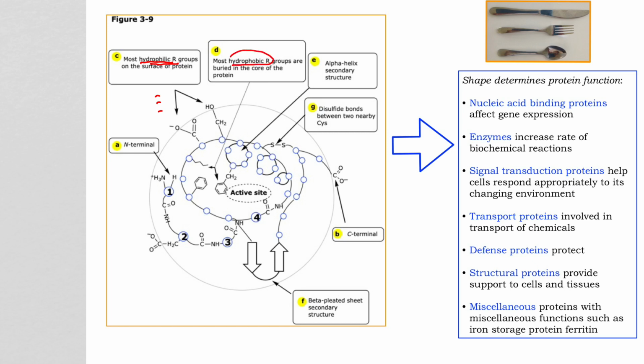Hydrophobic or non-polar groups will be inside the protein, because that will give you the protein with the best, most stable structure. So as I mentioned, proteins may contain not just alpha helix. They could have alpha helix and beta pleated secondary structures, or they could have just beta pleated, or they could have just alpha helix secondary structures. So all kinds of combinations are possible.